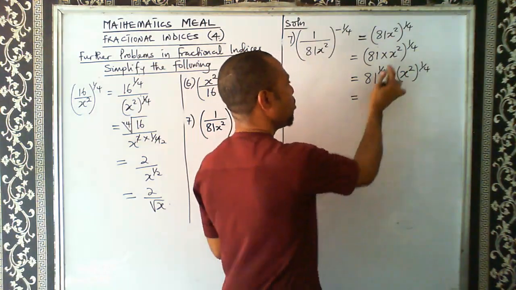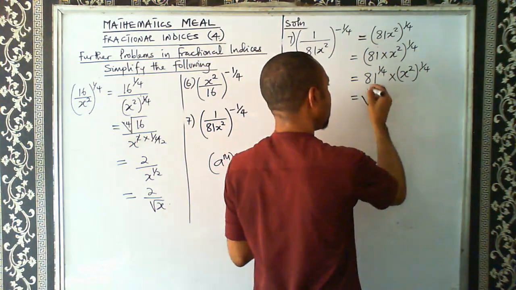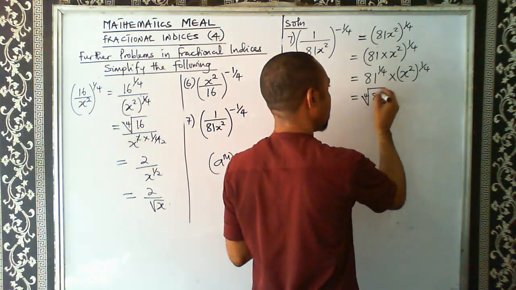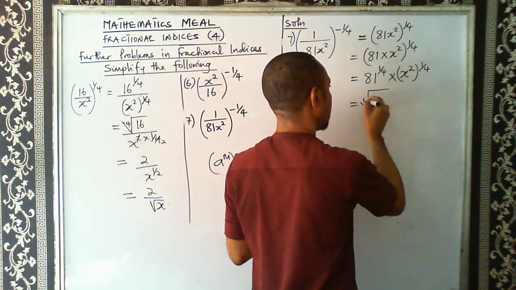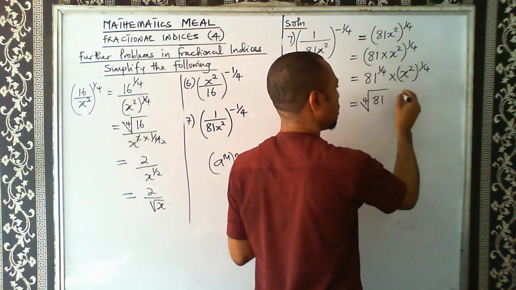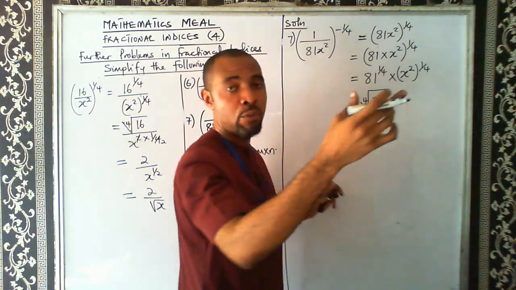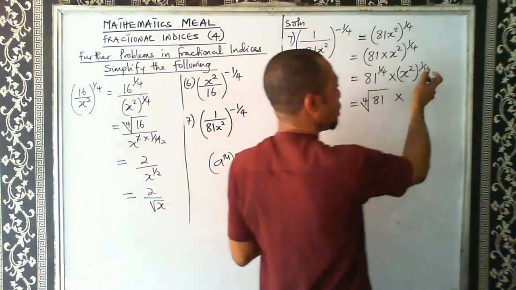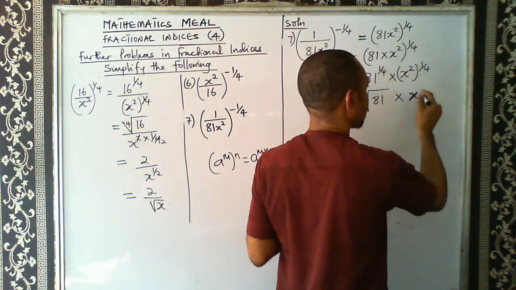So what is 81 raised to power 1 over 4? It is going to be the 4th root of 81. Instead of applying the 4th root here and becoming confused, all you need to do is to multiply using power of power.